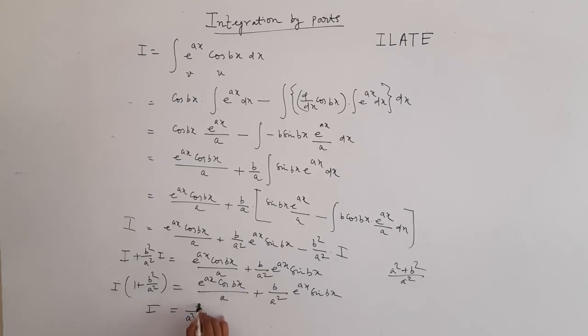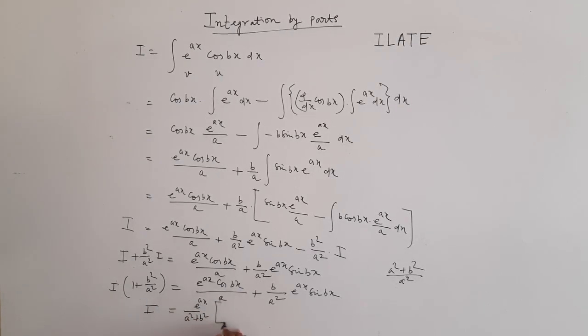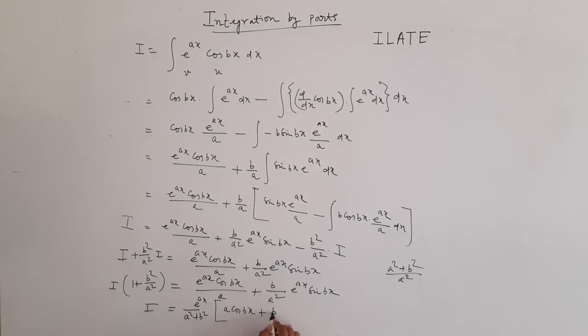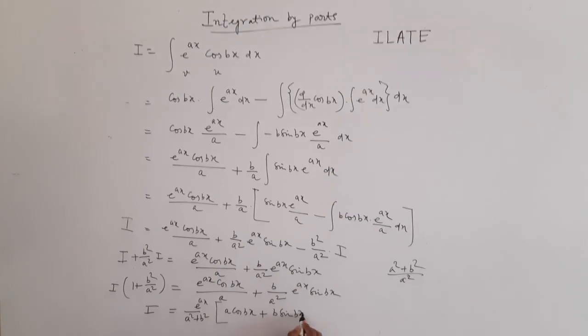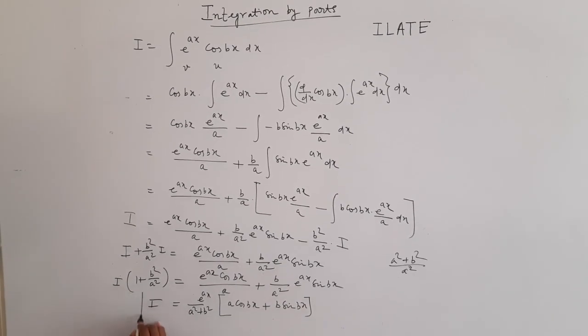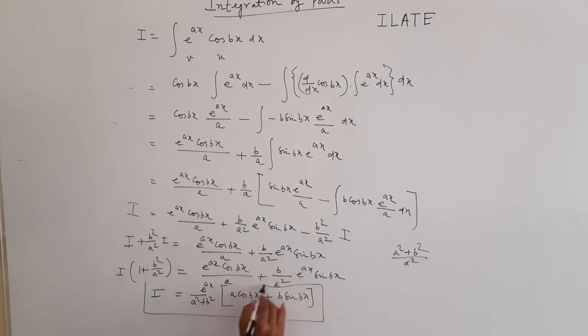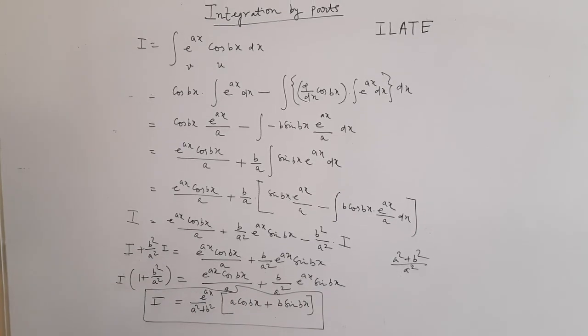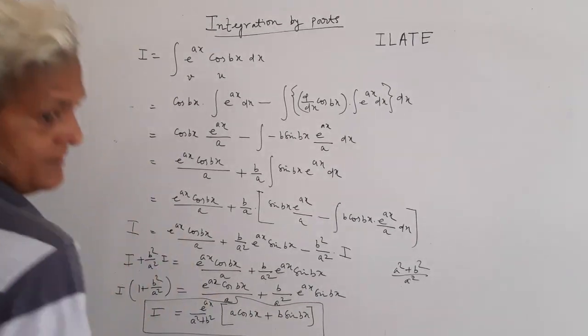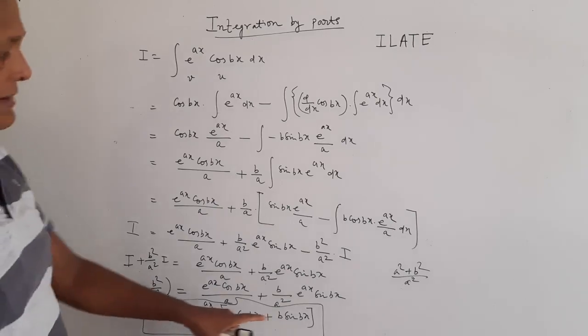I take e to the power ax also, and then you get a cos bx plus b sine bx. This is what the final answer is. So if you just write on paper, then you can get the very same expression.